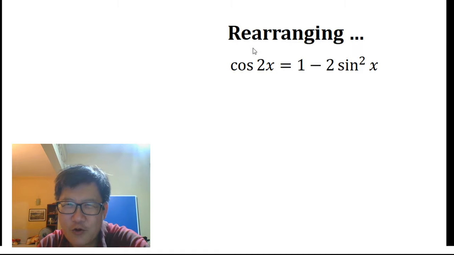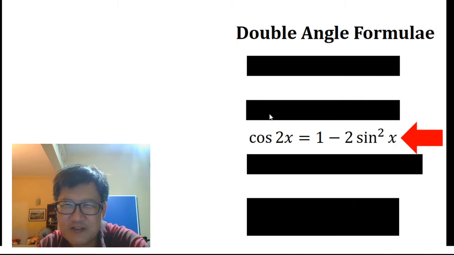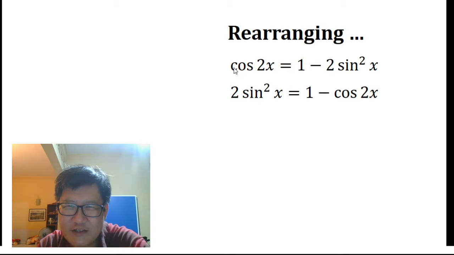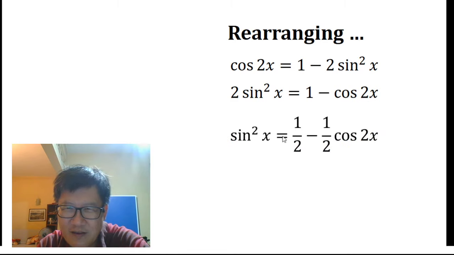I've just reproduced it here. Let's rearrange this, and when we rearrange this, this is what we get. We bring 2 sine squared x over here, and we bring minus cos 2x here. The next thing we do is divide throughout by 2. When we divide throughout by 2, we leave the sine squared x, and on the other side, we have half minus half cos 2x.